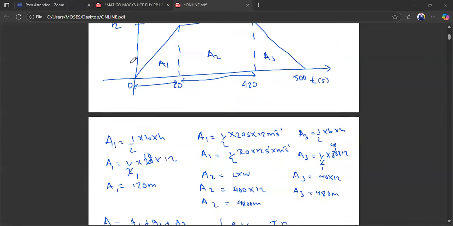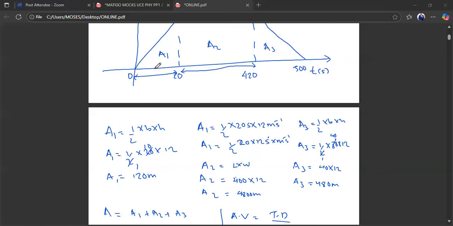Now you see here, I have 20 here, and from here up to here, I have 400 seconds. So using common sense, the distance for 400 seconds must be bigger. So you make it a little bit bigger, and then you put 420, then you put the demarcation there. You don't need to put a scale because a scale will end up congesting the axis and looks shabby.